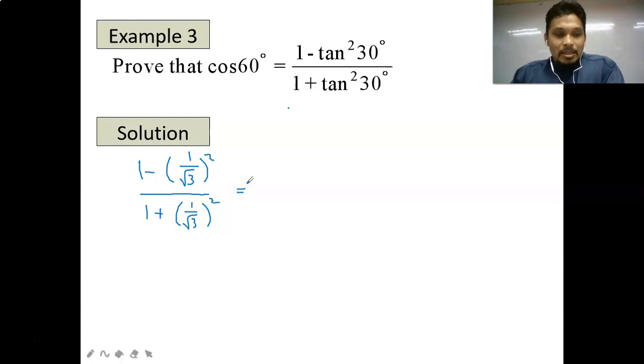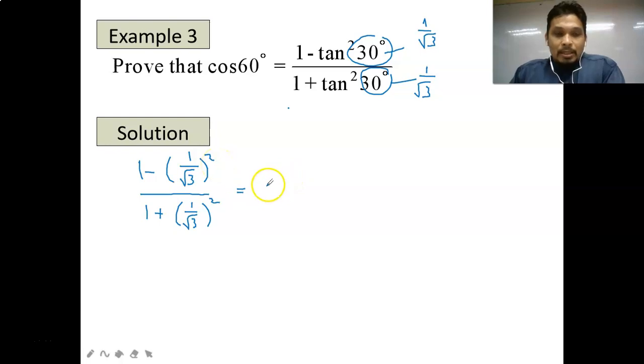Okay, so tangent 30 degrees is 1 over square root of 3, so the square is 1 over square root of 3 in brackets squared.